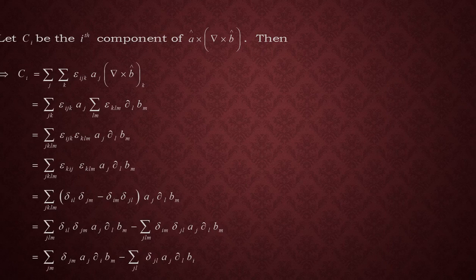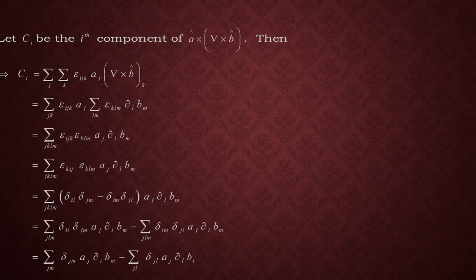Here epsilon suffix ijk can be replaced with epsilon suffix kij because the indices i, j and k are in the cyclic clockwise rotation. So epsilon suffix ijk equals epsilon suffix kij.